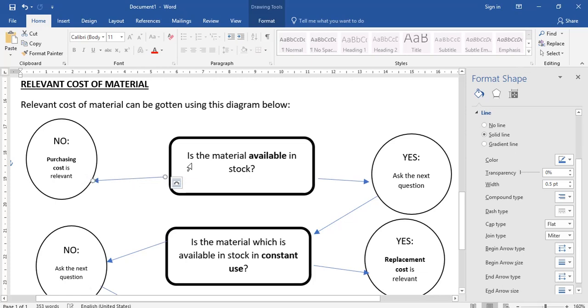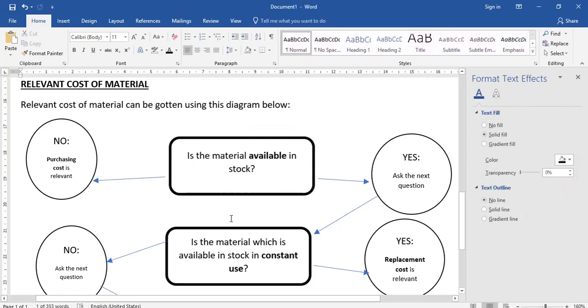If it is not available in stock, then it means you need to purchase the material so that you can use it for your project. So the purchasing cost is relevant. So if it is available, ask the next question.